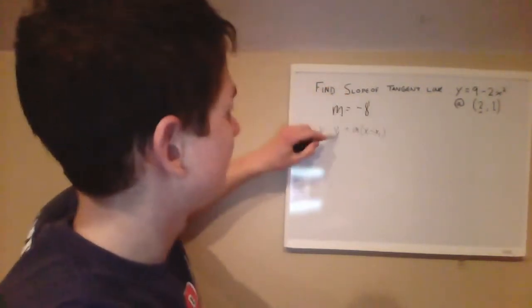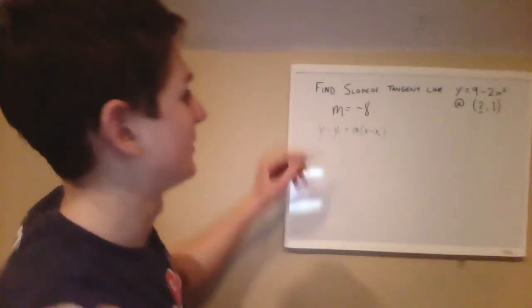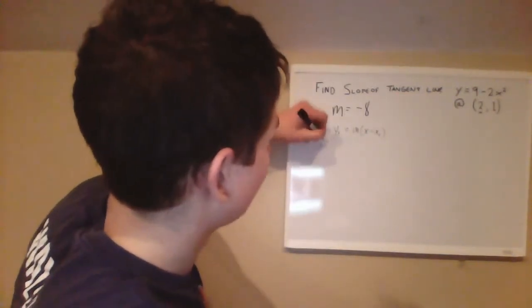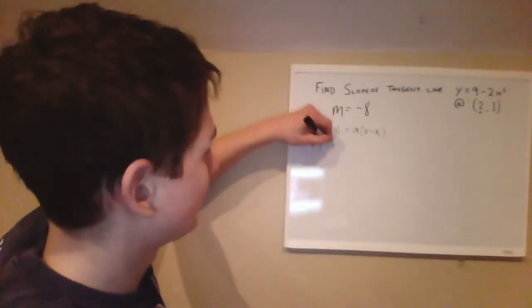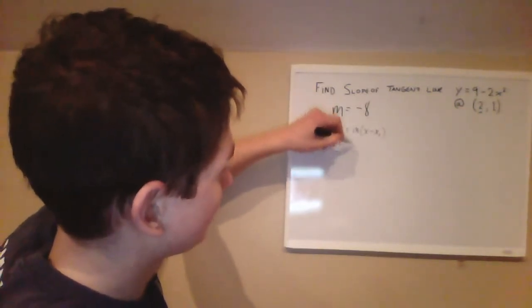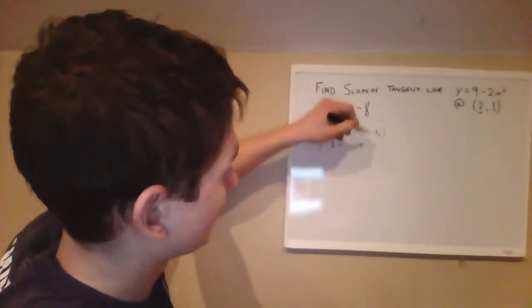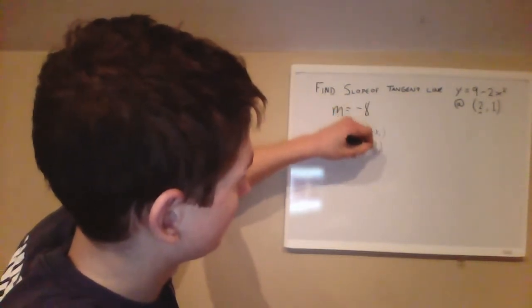These y1 and x1 are the 2 points that we were given, so you can plug those in right here. So it's y minus 1 equals m, which is negative 8, times x minus 2.